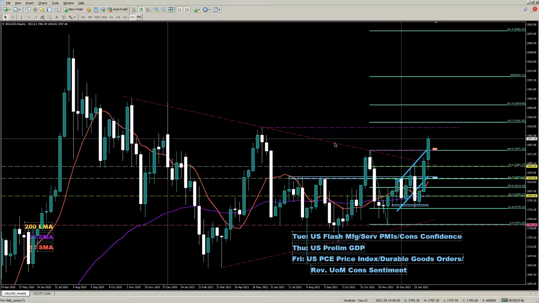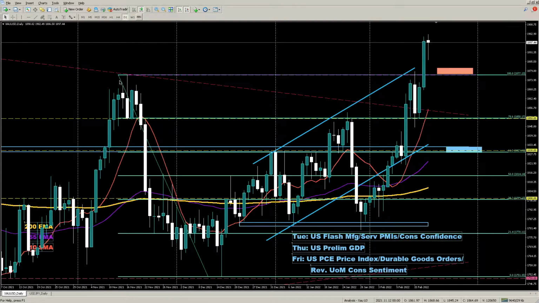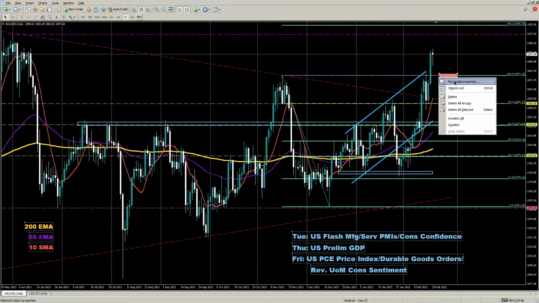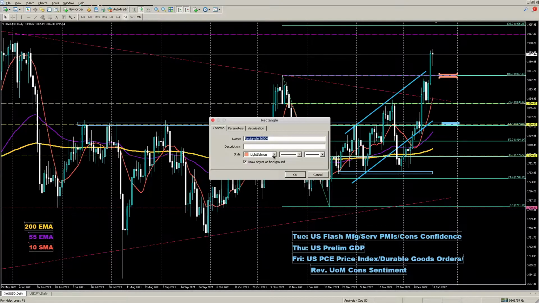Let's go back to the daily time frame. Okay, so this swing high here will now turn to our support zone.